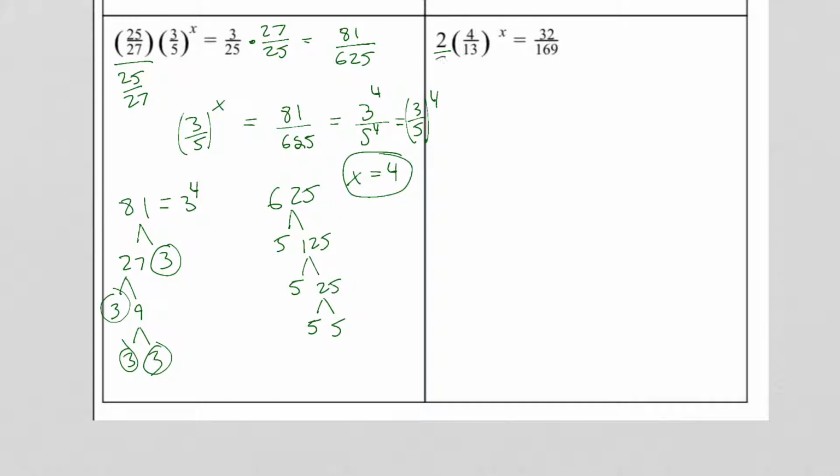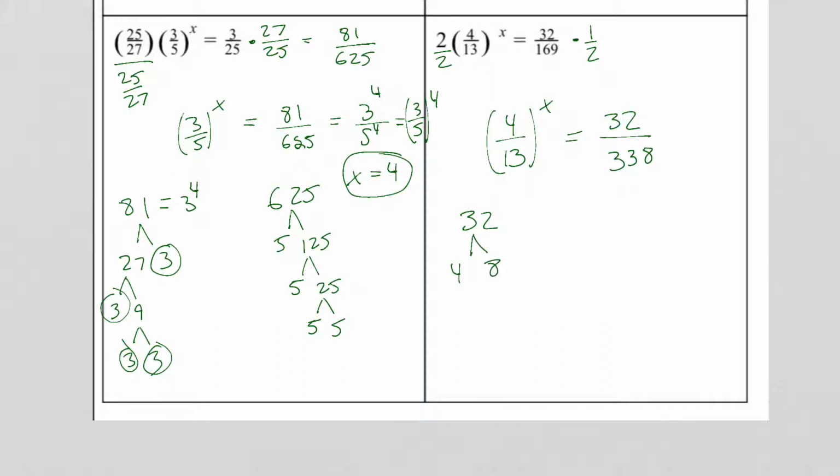Last example, if it's times 2, divide by 2. If I divide by 2, it's the same as multiplying by 1/2. You get 4/13 to the x power is equal to 32 over 169 times 2. I think it's 338. Let's double check on our calculator. Yep. Okay, so let's now find the prime factors of 32.